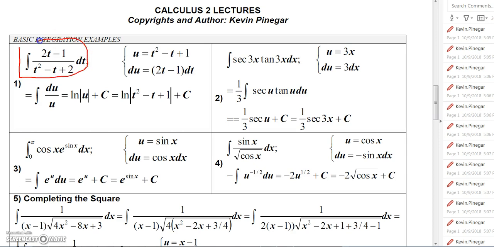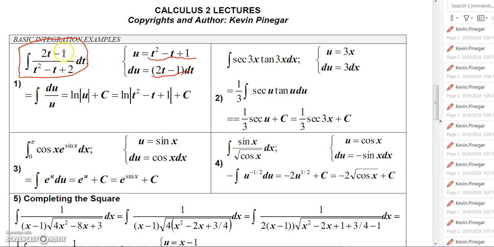If I wanted to integrate this, what we could do is let u be the denominator, and since the denominator is not raised to a power, I could try to get this in the form of the integral of du over u. So let's see what du is. Du would be 2t minus 1 dt. So this one's going to work out perfectly.